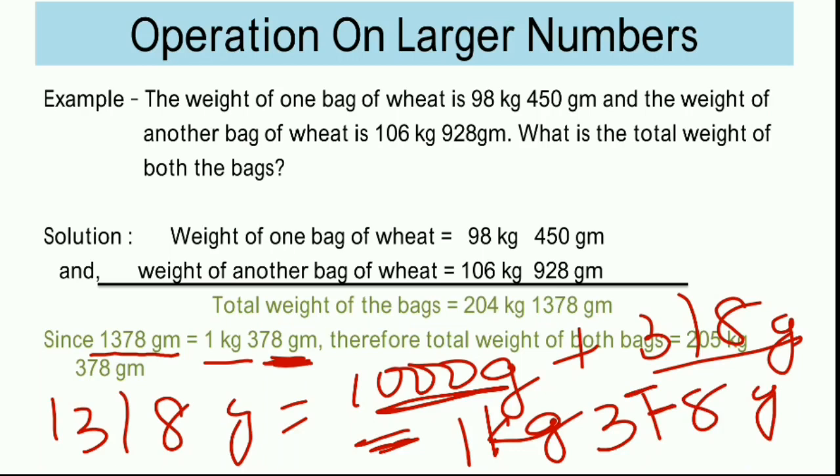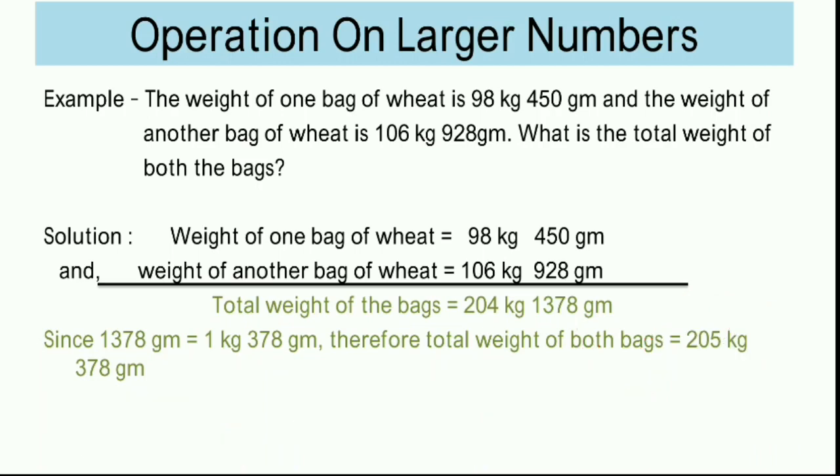So 1378 gram is equal to 1 kg 378 gram. I hope that you understood. So it will be written in the form of kg and gram.